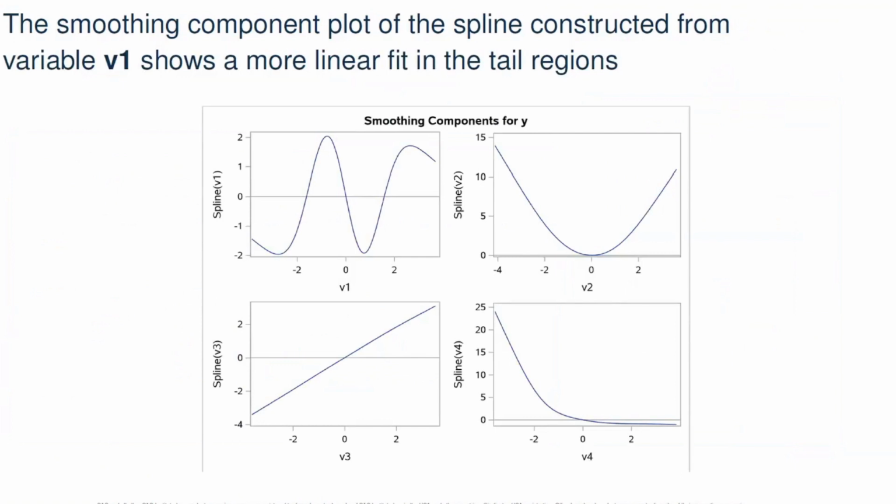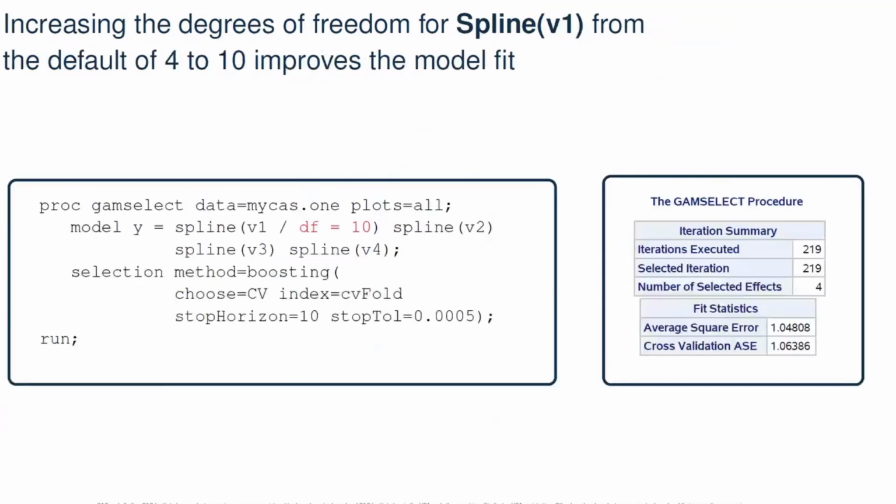Over-regularization can be controlled by adjusting the degrees of freedom for the spline term that's fit at each iteration of the boosting algorithm, as increasing the degrees of freedom will decrease the penalty parameter used when constructing the penalized B-splines. When using the boosting selection method, you can use the DF= option in the spline construction to specify the degrees of freedom for a spline term.